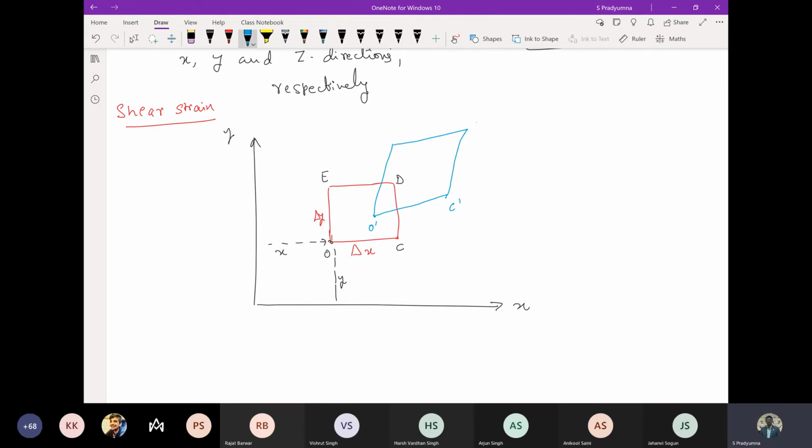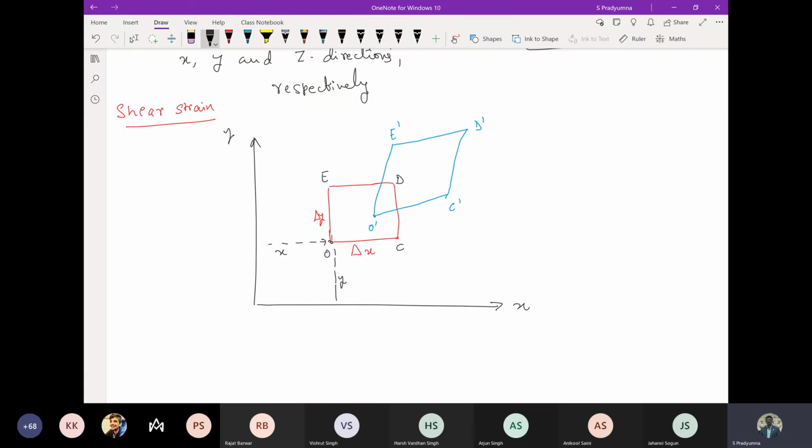This is C dash, this is D dash, this is E dash. This looks very exaggerated, but that is required to understand, because we are assuming that the displacements are small. Here we are showing it very exaggerated so that you can understand. Okay, so this is the deformed shape.